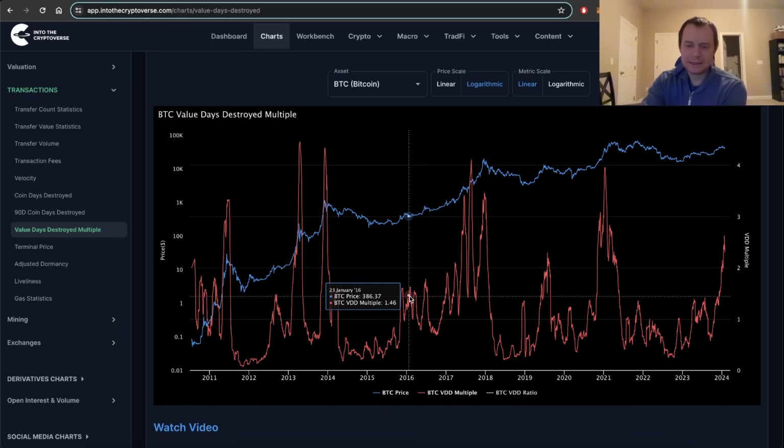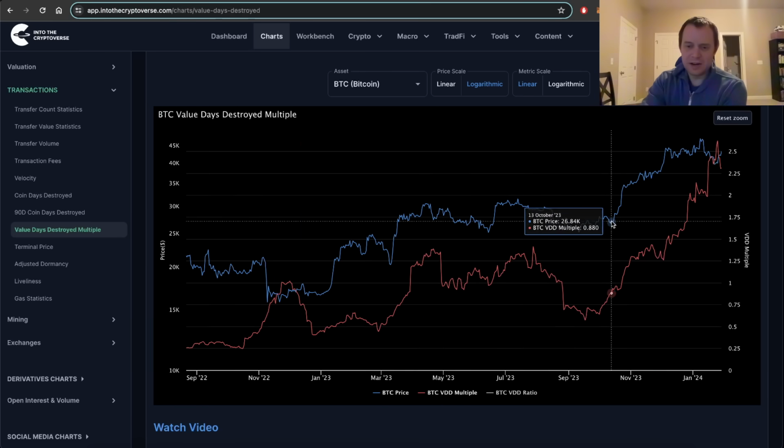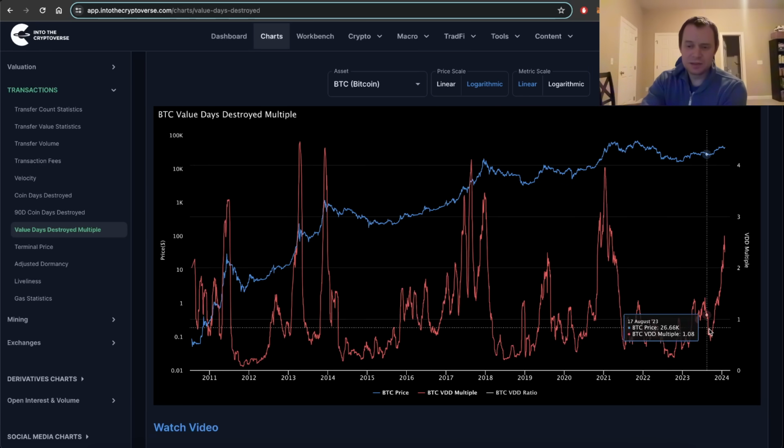And then when it goes into these moves here, right, where it goes up extremely aggressively, I mean, it essentially doubled up in just a couple of months, really. When price doubles up in a couple of months, you can see just how quickly this thing moves.